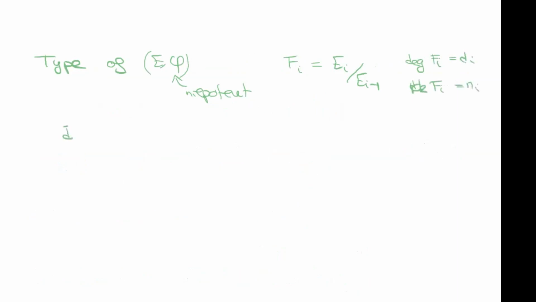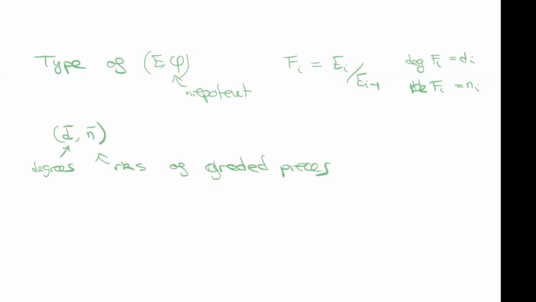So we have the pair (n, d), which are the ranks and degrees of the iterated graded pieces. These are two sequences of length L.